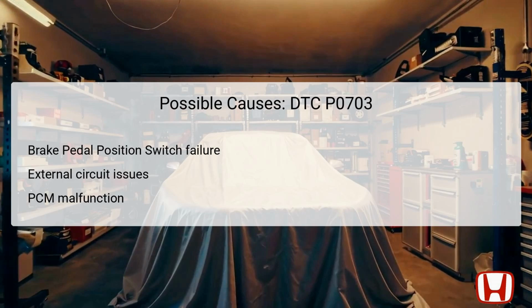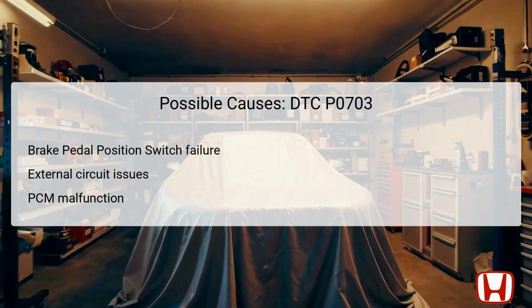The most likely cause is a malfunction in the brake pedal position switch itself, which may not register the pedal position correctly. This can stem from wear, mechanical failure, or poor installation. Additionally, issues within the external circuit, including broken wires or bad connections, could disrupt the signal sent to the PCM, leading to logging of this error code.